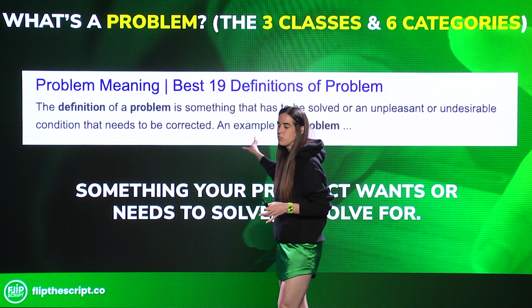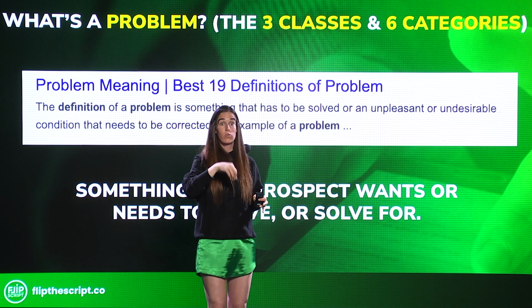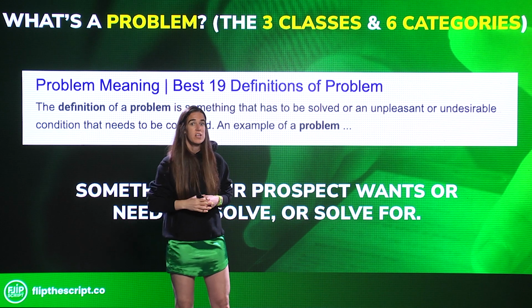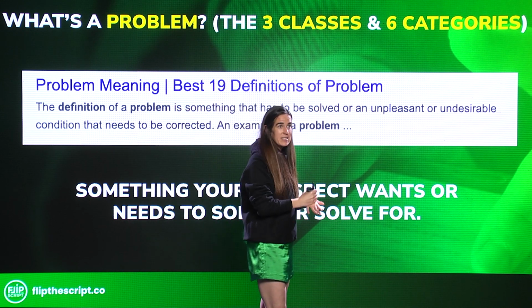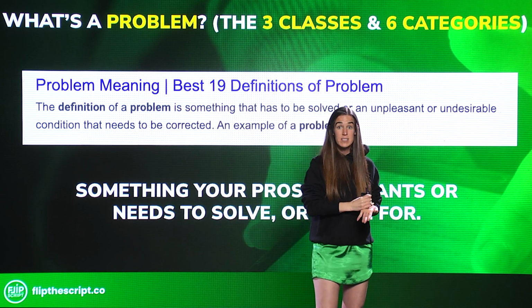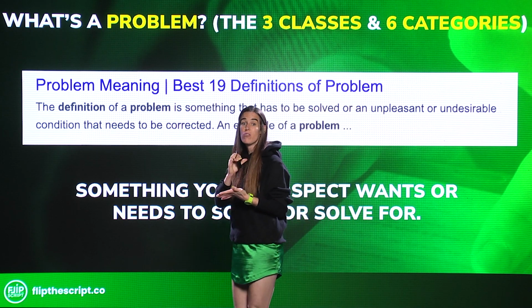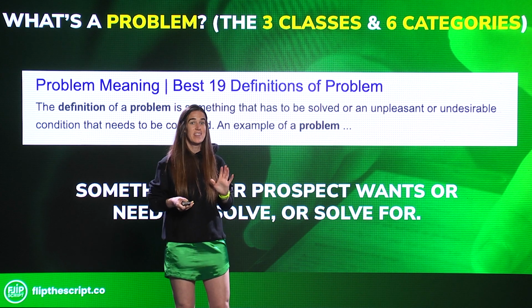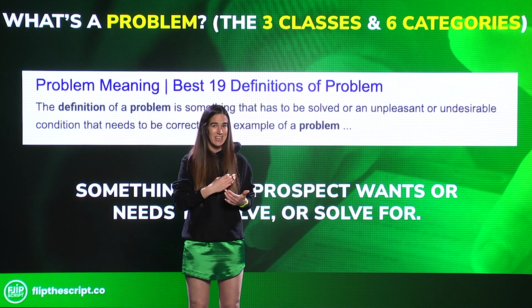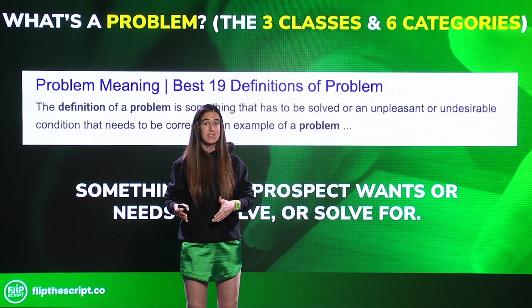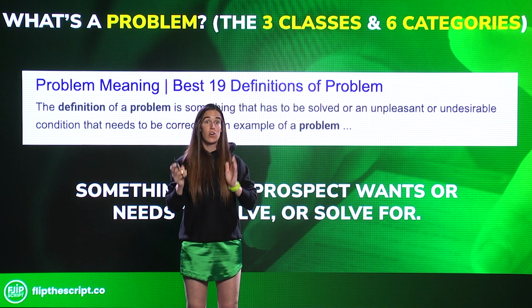But there are some types of problems that need to be solved for in the present to avoid an impact in the future. So a problem is only instigated when someone wants or needs to solve or solve for it. That's the definition. So for today's sake, it's something that the prospect wants or needs to solve or solve for.